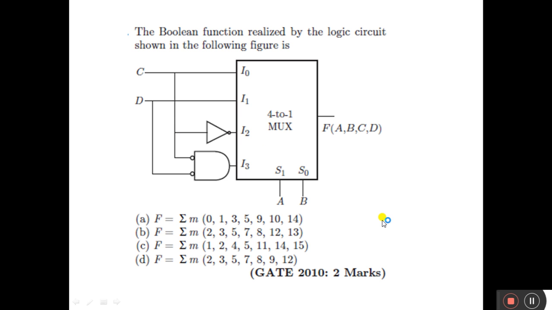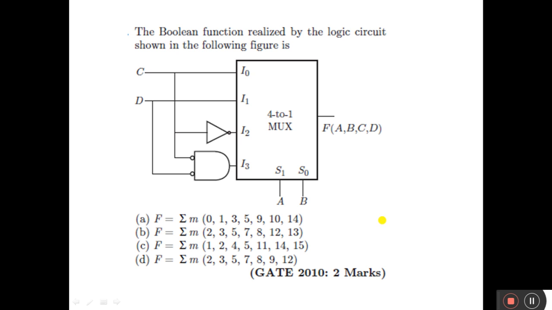Next question. This also uses a 4:1 mux, but the method is different. The question is: the Boolean function realized by the logic circuit shown in the following figure. Option A, minterm sum of m 0, 1, 3, 5, 9, 10, 14.